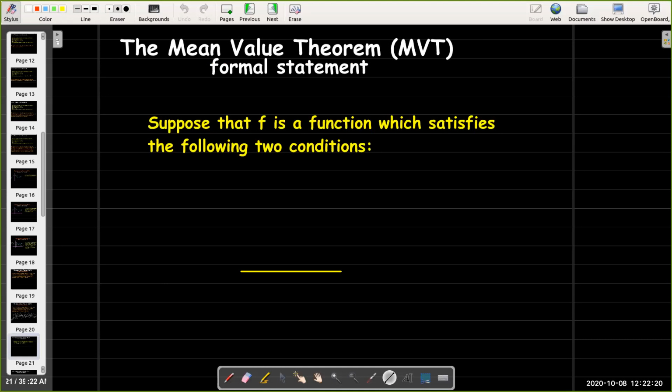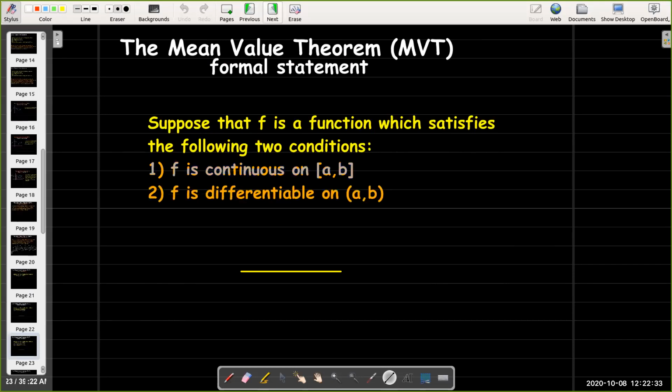So let's look at the formal statement for the mean value theorem. Suppose that f is a function which satisfies the following two conditions. F is continuous on the closed interval AB, and f is differentiable on the open interval AB. Again, we have to have a smooth function. No sharp corners, no jumps, no holes.